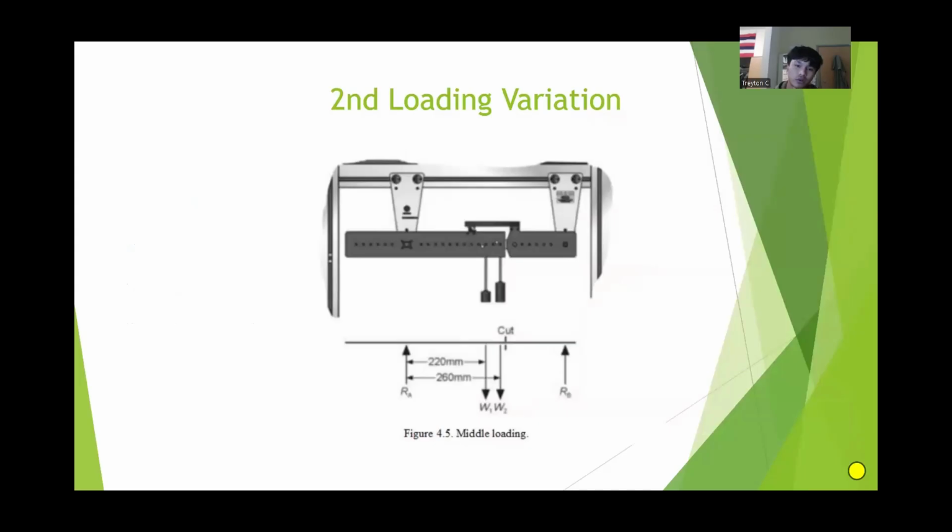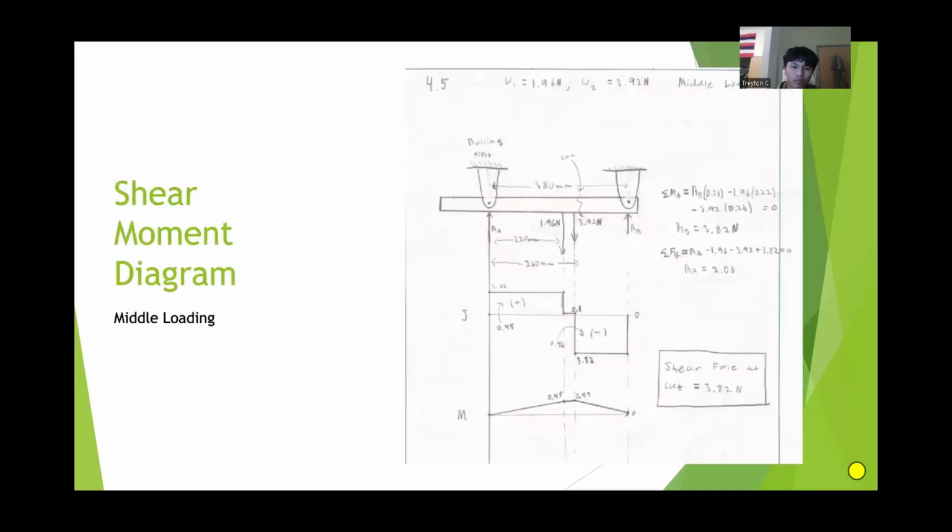So this is the second loading variation of the beam. Here we have two different weights hanging in the middle, so this is called the middle loading. We had one weight of 1.96 newtons and a second weight of 3.92 newtons, and the shear diagram does look a bit different.